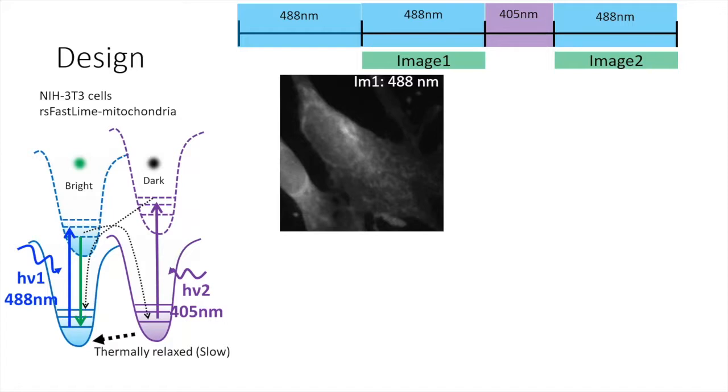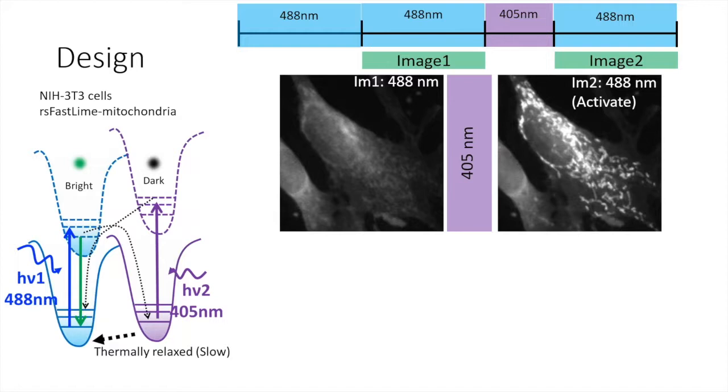In this case, image 1 is before the 405 activation. If we target the photo-switchable fluorescent protein to the mitochondria, before the activation there's no mitochondrial signal, but after the activation, you can see clearly your mitochondria.